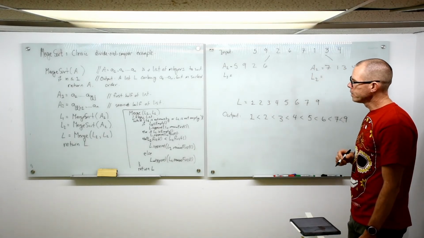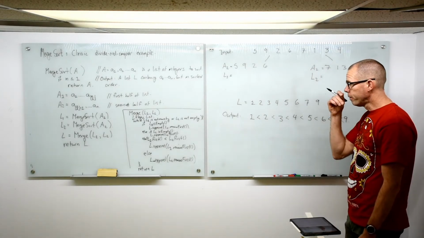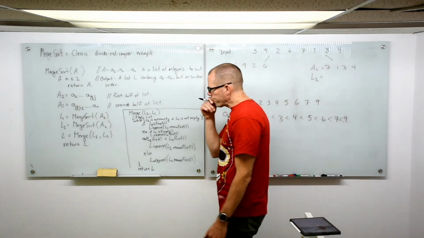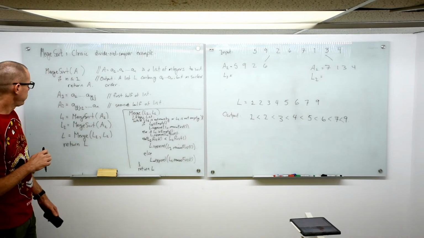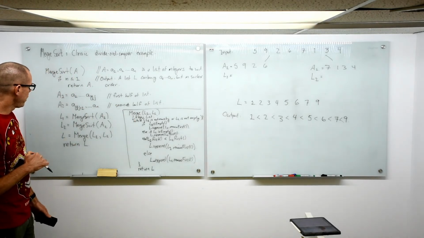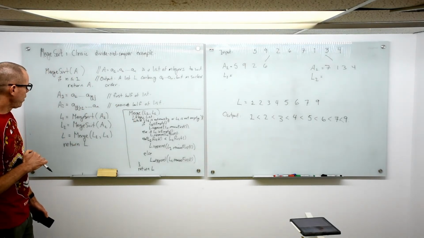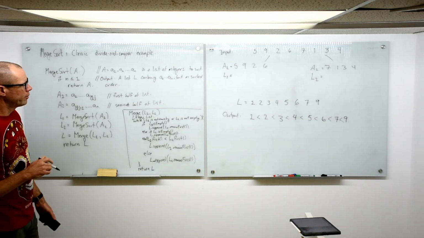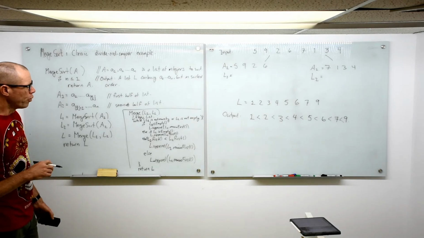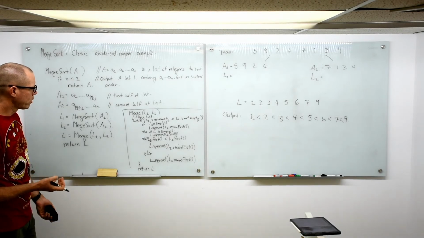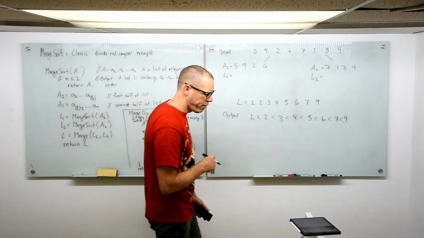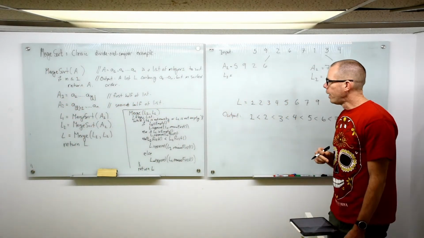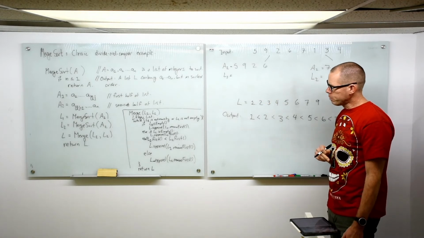Okay, so that's the algorithm, and so what about it? Well, we can try and do a proof that the algorithm is correct, which is not my favorite thing to do, for a couple of reasons, and I'll explain them in a second.